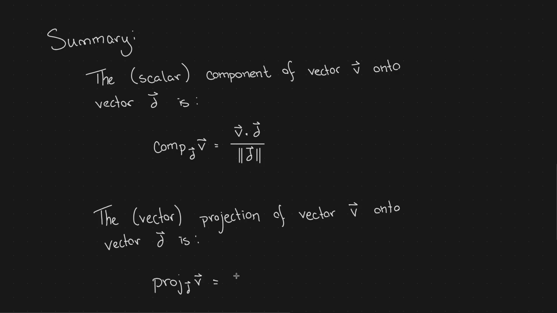So this is equal to the component of vector v onto vector d. We have a few formulas for this, for the projection, times vector d over norm of d.